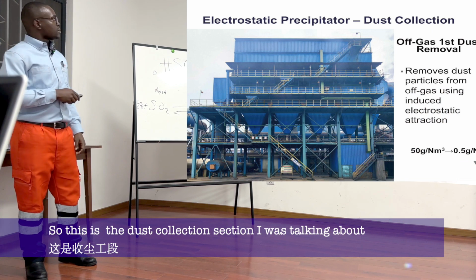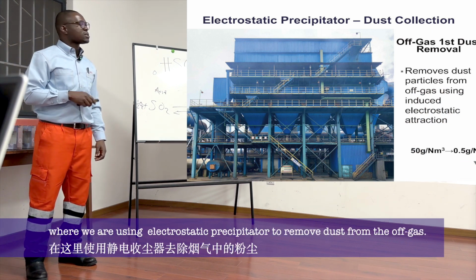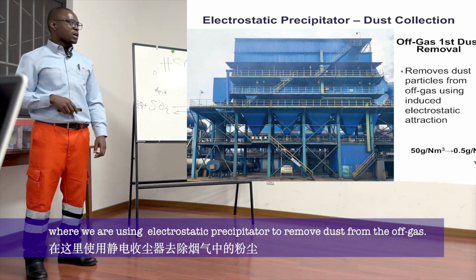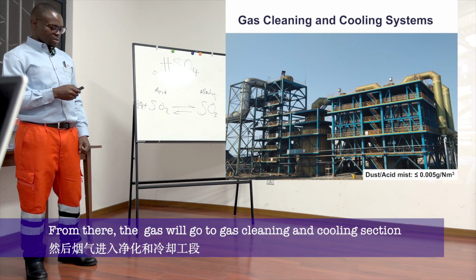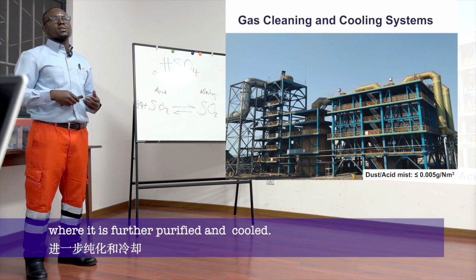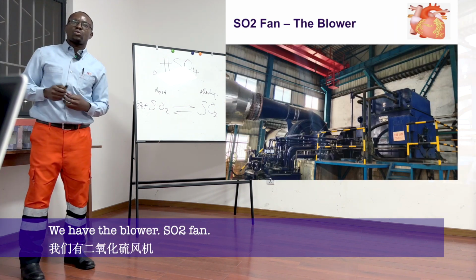So this is the dust collection section I was talking about, where we are using an electrostatic precipitator to remove dust from the off gas. From there, the gas will go to the gas cleaning and cooling section, where it is further purified and cooled. We have the blower, SO2 fan.